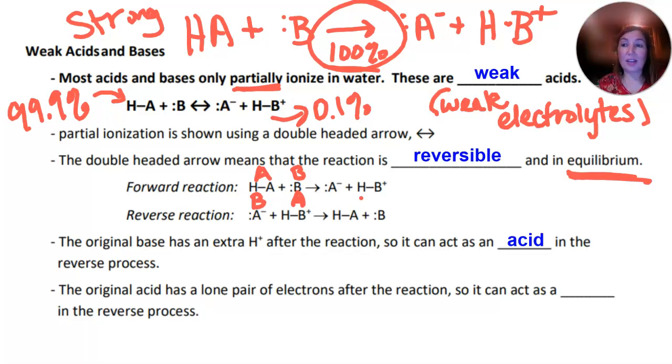So things get reversed, just as you might expect. The original acid has a lone pair of electrons after the reaction, so it acts as a base. Here's our original acid with its lone pair, and here's our original base. They act the opposite in the reverse reaction.